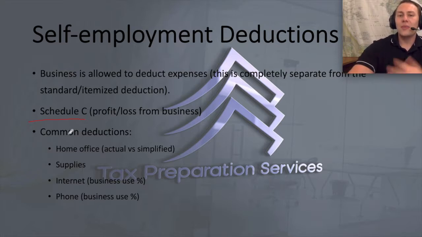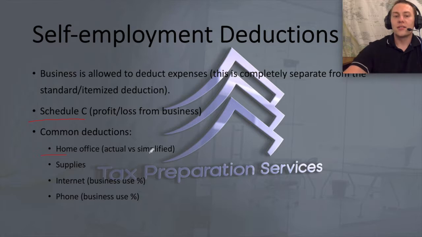Now, some common deductions for self-employed individuals is the home office deduction, which has a simplified or actual method. The actual method is a percentage of your mortgage, utilities, things like that. And the simplified method is $5 a square foot.